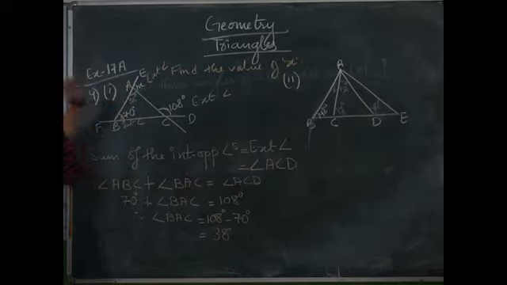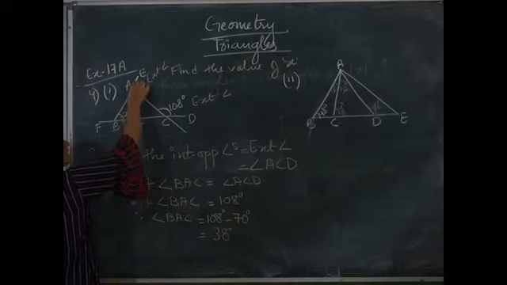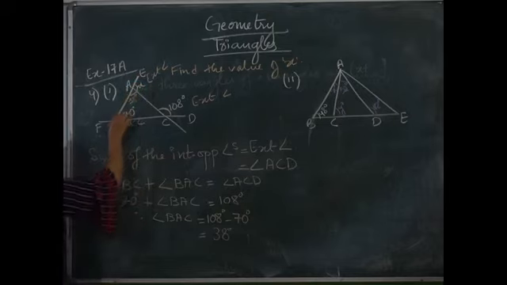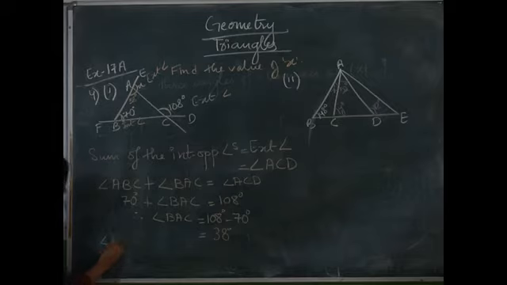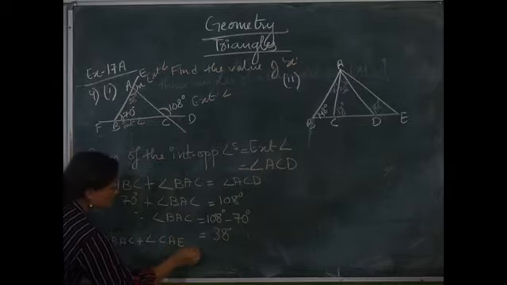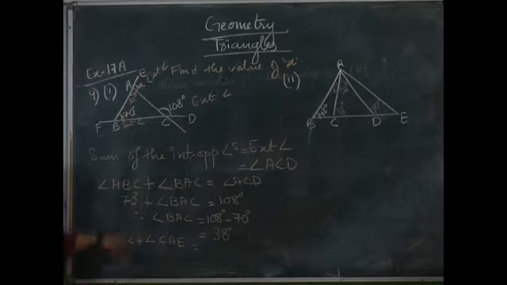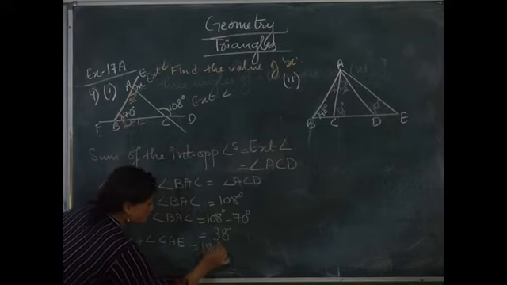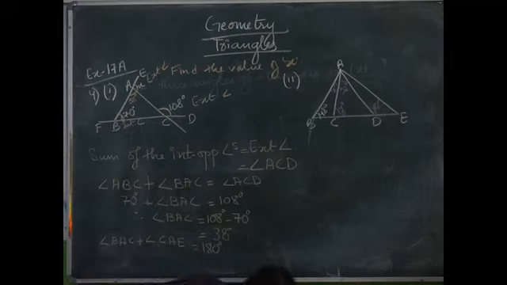Now how do we calculate this angle with the help of the one that we have just calculated? You have learned this in your junior classes only. These two angles lie on the same straight line, which means angle BAC plus angle CAE together make 180 degree. Why 180 degree?